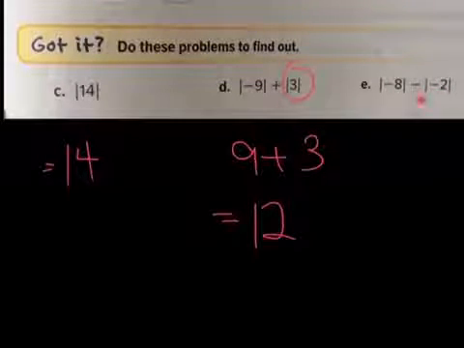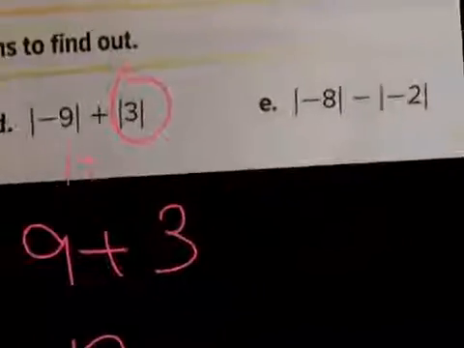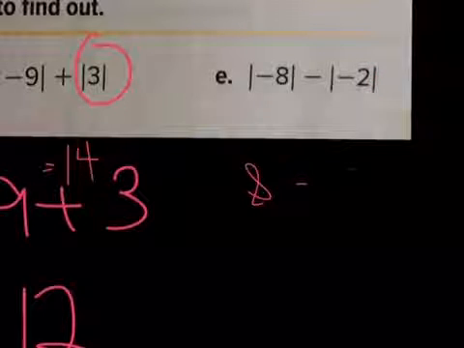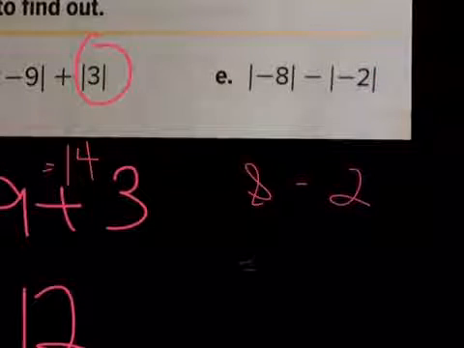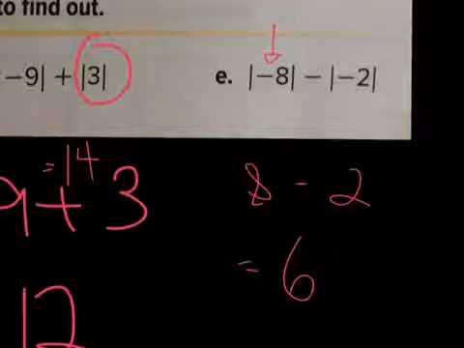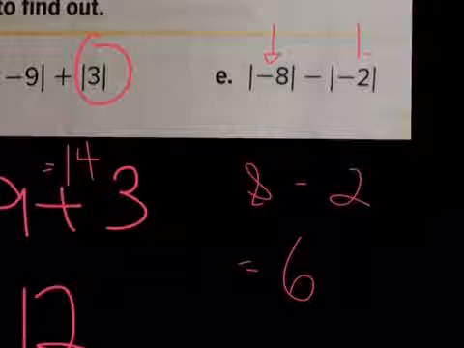Now this is not parentheses, boys and girls. Keep in mind we're not doing minus, which becomes plus. Please don't confuse absolute value with parentheses. These are not parentheses. Right here, they're absolute value. So essentially all we're saying is 8 minus 2, which equals 6, because this is 8 values and this one's 2 values away from 0, and we're subtracting them.